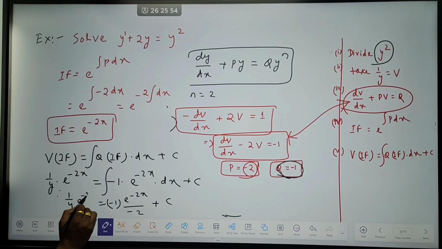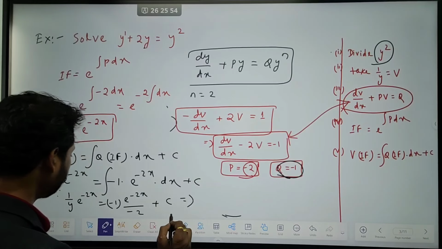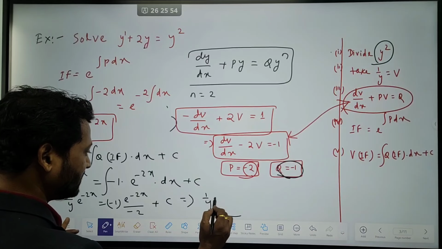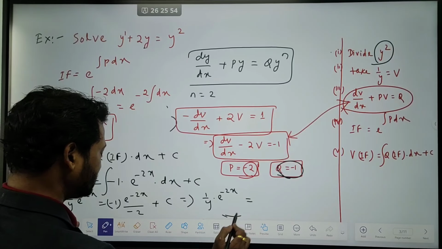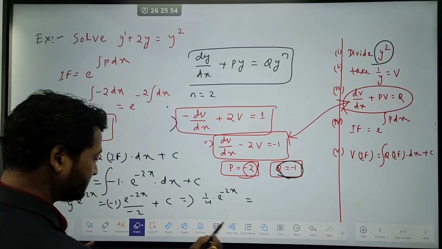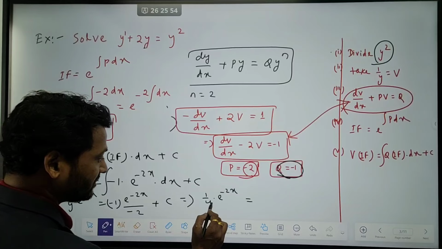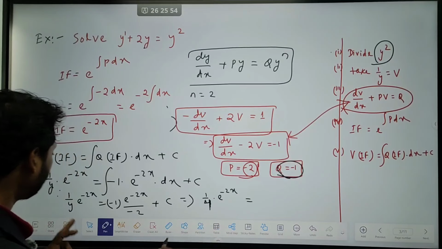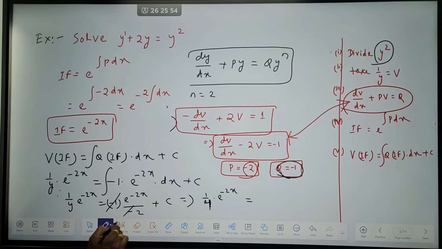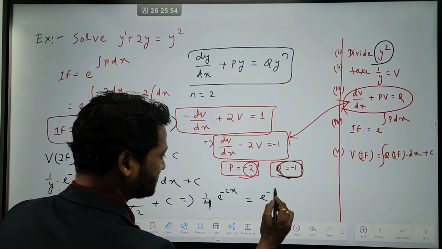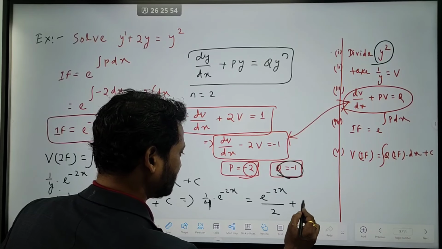And here it is 1 by y e to the power -2x, so your expression become 1 by y e to the power -2x is equal to e to the power -2x by 2 plus constant c.